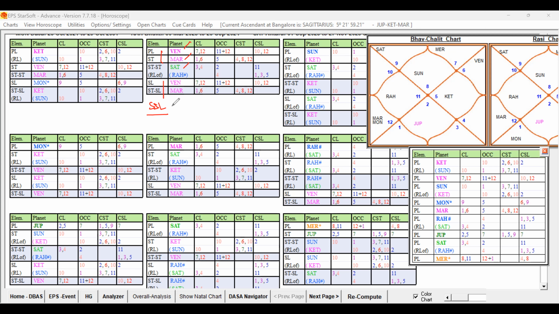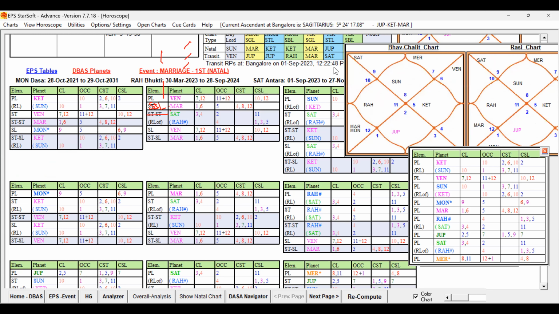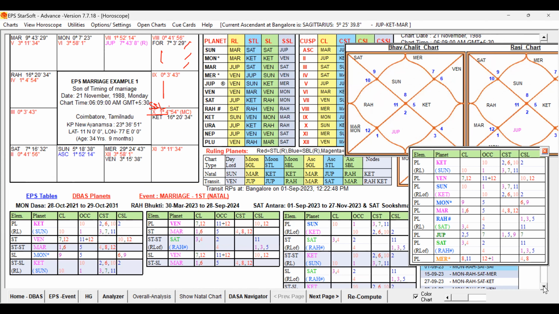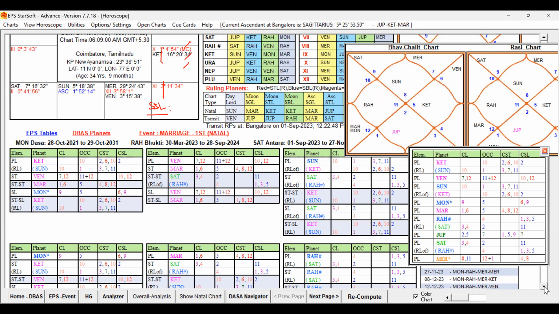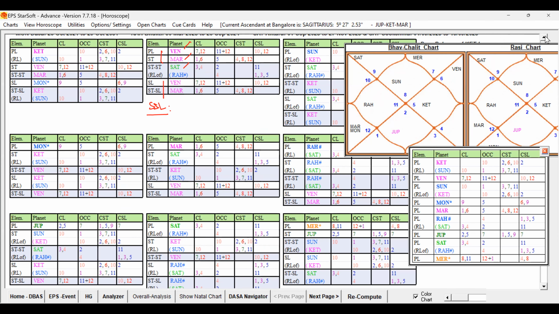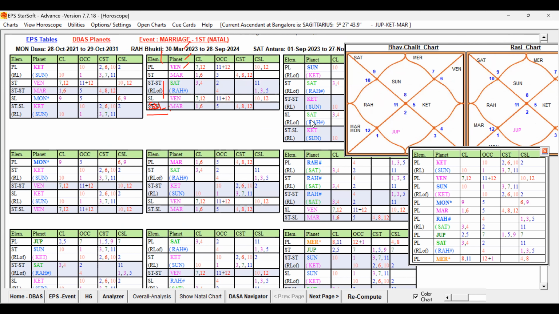So to know the additional support from the sub-sublord, we can take the sub-sublord of the particular planet. So in this case, let us check what is the sub-sublord of Venus. Venus sub-sublord is Moon. So let us check Moon also here for our study. Just a minute. Yes, sub-sublord is, my God.